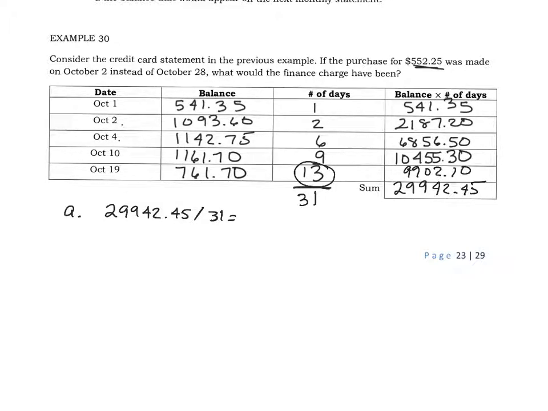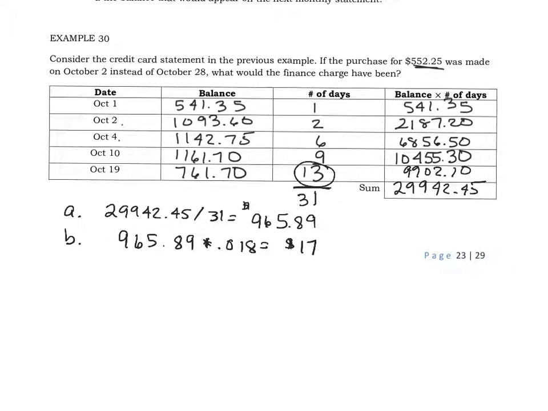And so notice our average daily balance is about $400 higher than what we found on 29A. So now to find the finance charge, I will take this $965.89, the average daily balance, and multiply it by our finance charge rate.